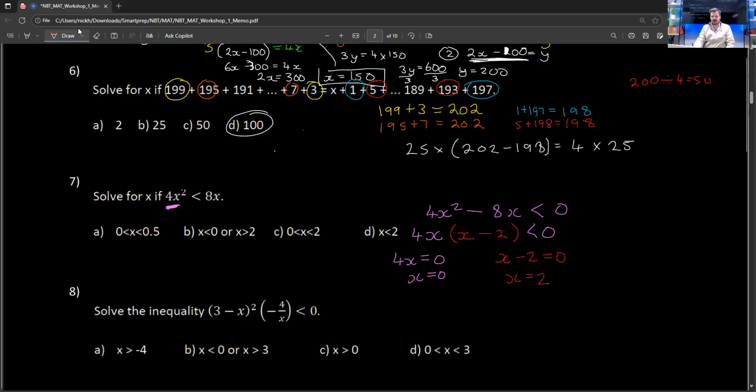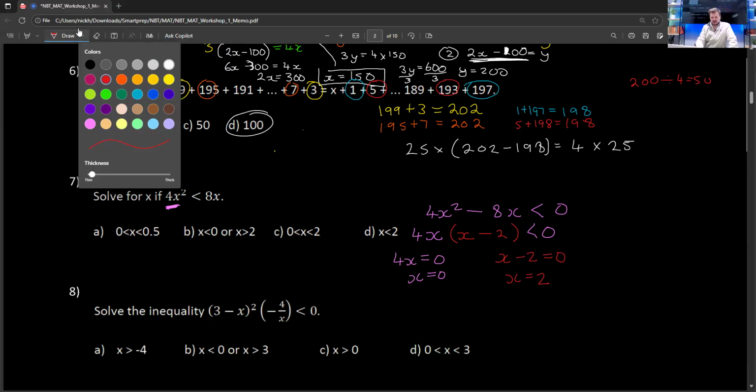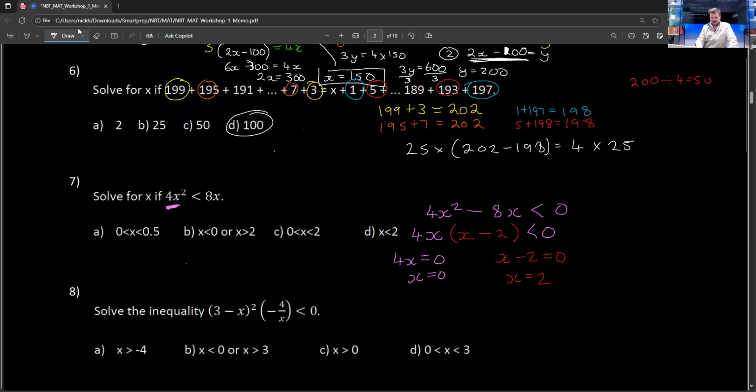Okay, and that's why we can see that B or C would be the correct answer, because we have this value of 0 here as well. So now we just need to see, is it B or is it C? So what we can do is put those on a number line.